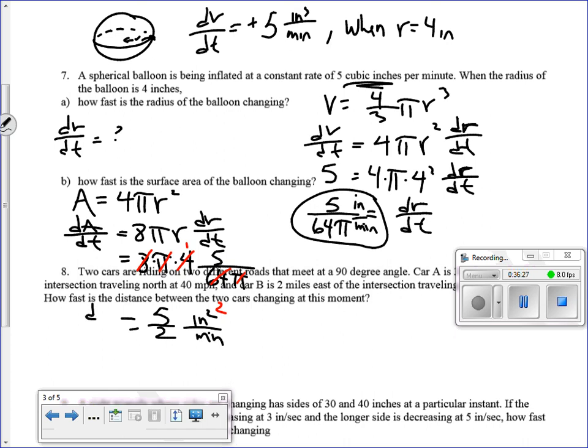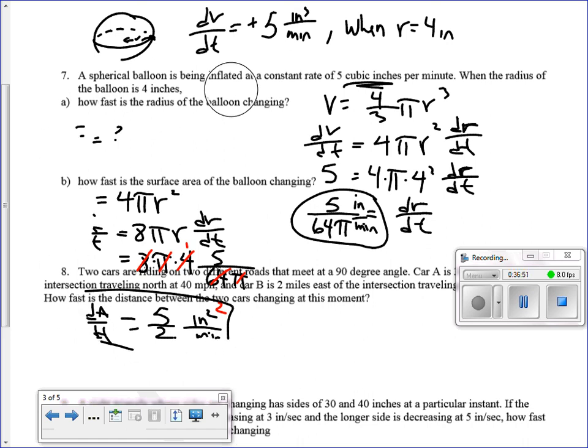Okay, so that's what we're looking for. That's part B. Yeah, that should have canceled. Okay. Just change that. Okay, so that was our little sphere-related rates.